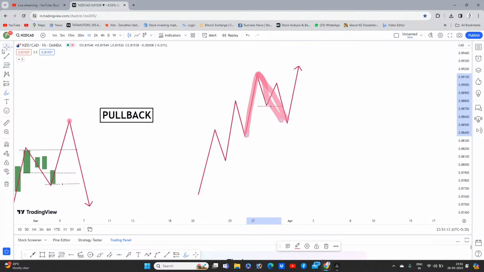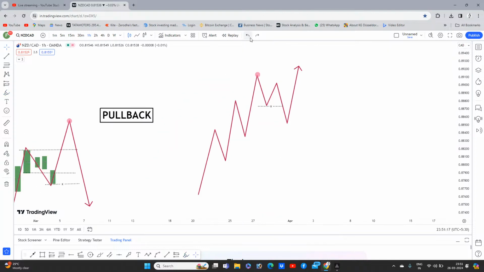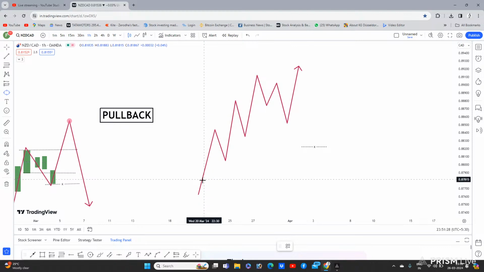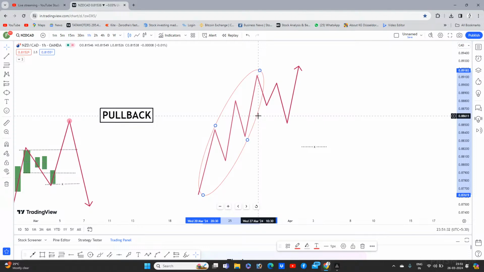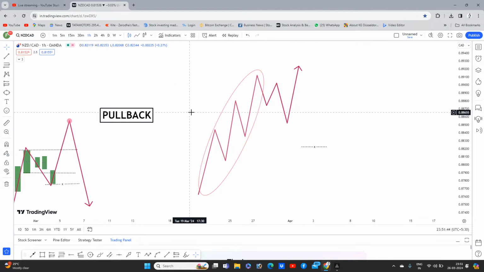Because for an inducement to happen, listen very carefully, the market needs to take the pullback in an uptrend, in this move, not in this move, right? Listen very carefully. It's a little bit confusing.